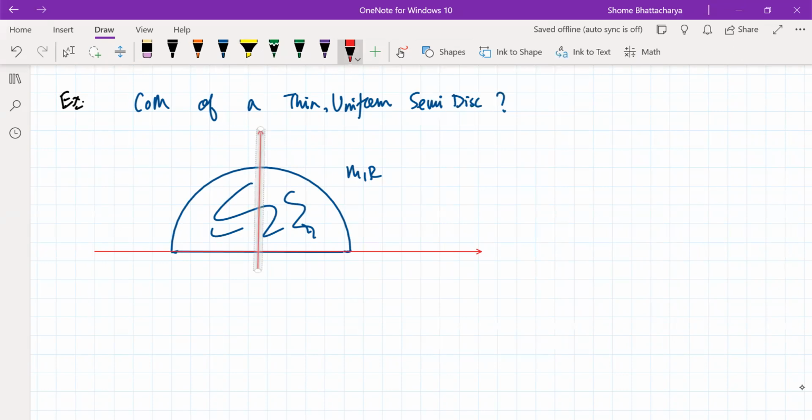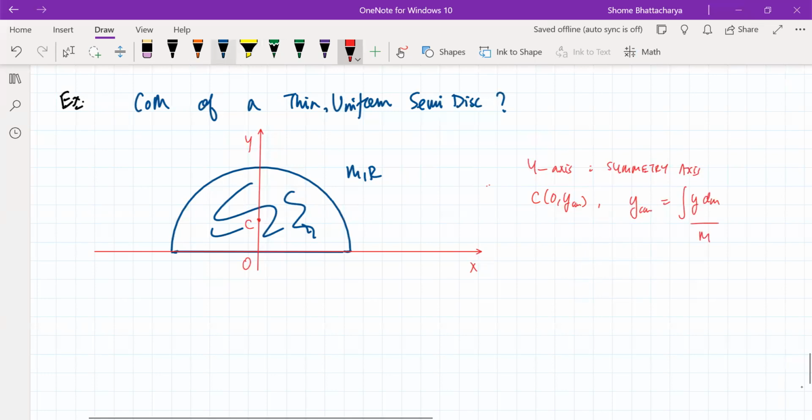So let's again take the y-axis as our axis of symmetry and O as the geometrical centroid of that full disk which we have cut into a semi-disk. Now we understand once again that the center of mass will lie somewhere on the y-axis. So the center of mass will be at 0, ycm, because again the y-axis is a symmetry axis. Again we will calculate this by this method.